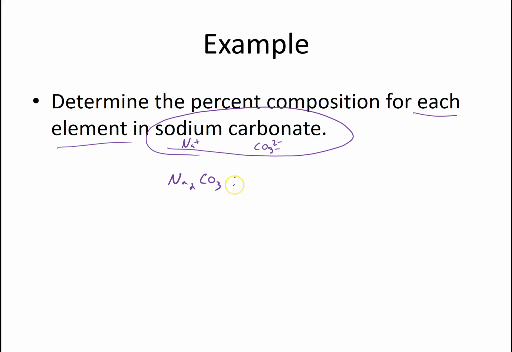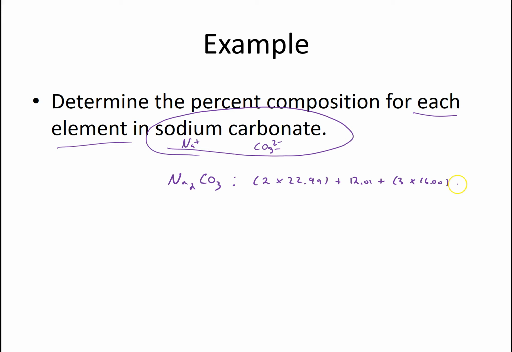Now, what I need to determine for sodium carbonate is the total molecular mass. I've got 2 sodiums, so I'm going to go 2 times 22.99. And of course, that 22.99 number comes from our periodic table. So that's 2 sodiums plus 1 carbon plus 3 oxygens.